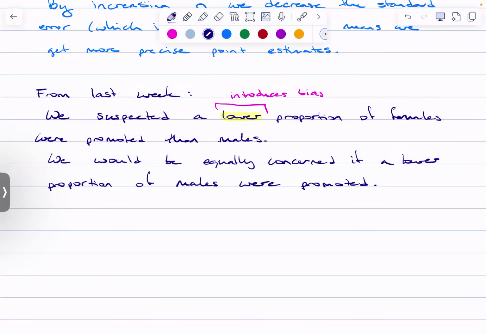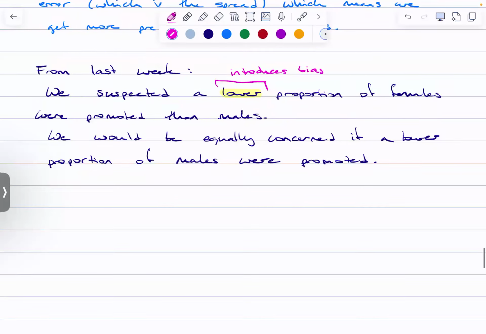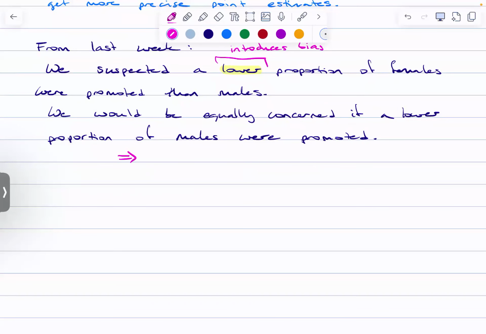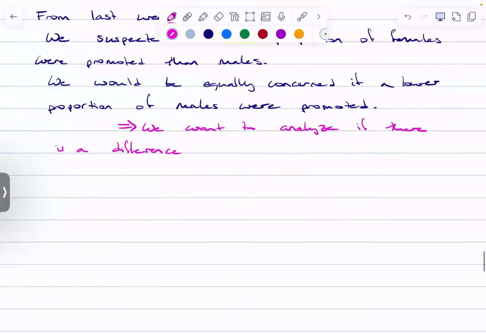Which we can rephrase as, okay, is there a difference in the proportions? So now what we want to analyze is if there's a difference in the promotions.